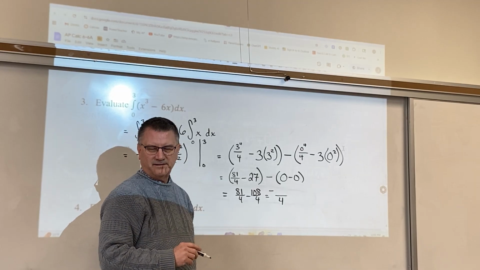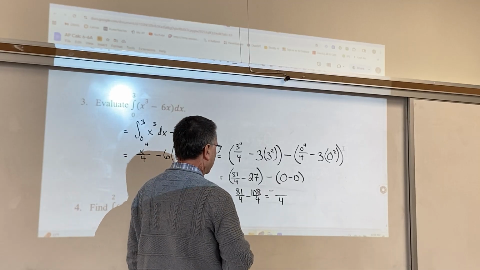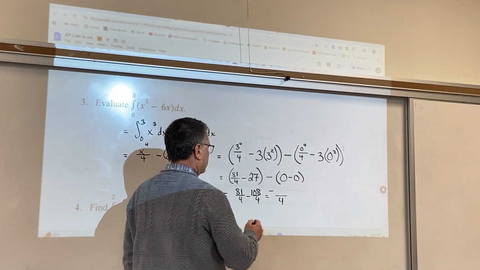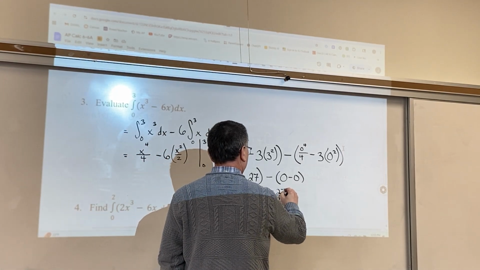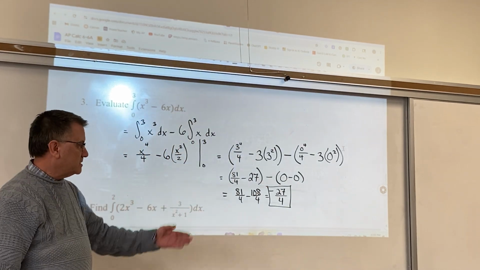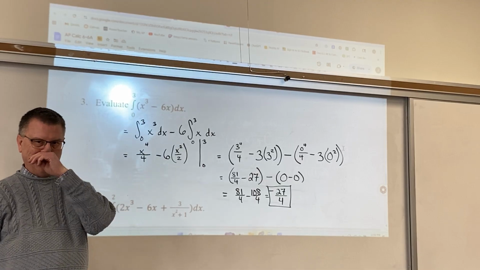I don't like this. But yes, if you're allowed to use a calculator, I guess you could say that. Wouldn't it just be 27? Yeah, negative 27. Notice that gave me a numerical value. No plus C.